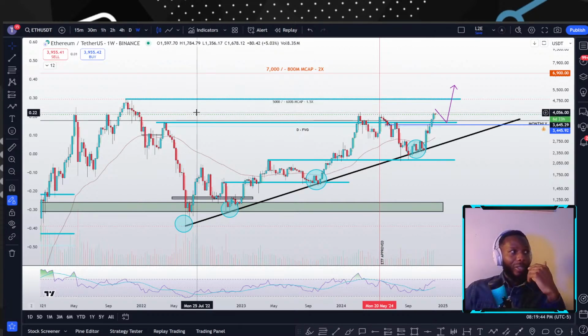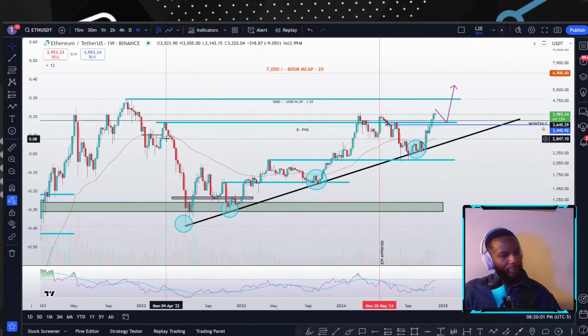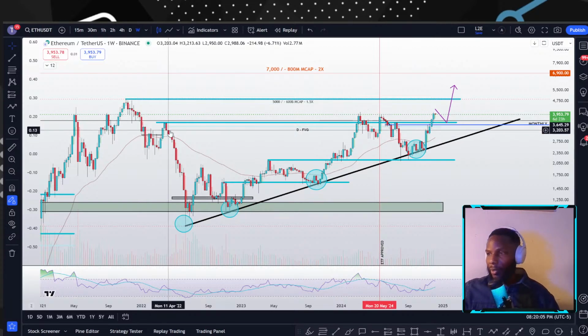And Ethereum is usually the second mover because it's the second biggest coin, right? So this might happen by the end of the year or early Q1 of next year. So that's what a lot of people are looking for. And it's most likely going to happen because the market's bullish right now.